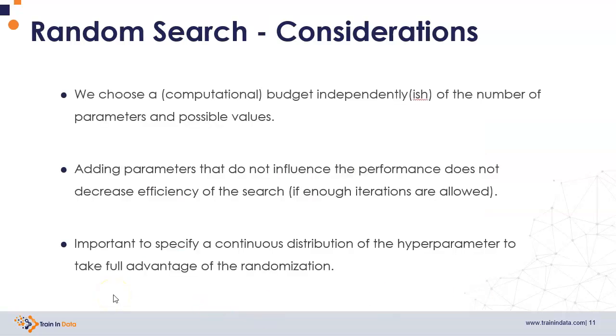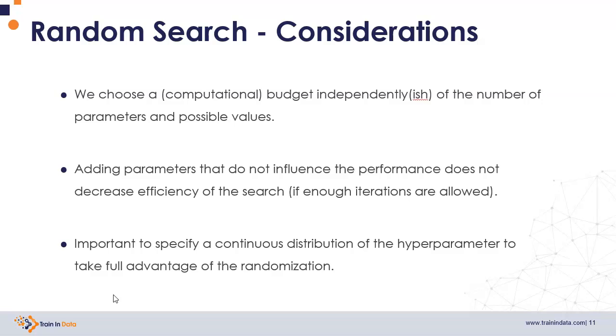There are a few things that we need to consider when we implement random search. The first one is that we can choose a computational budget independently of the number of hyperparameters and the possible values of these hyperparameters. And here I put "ish" because, of course, it's not the same to optimize hyperparameters for a neural network than for a gradient-boosted machine, right? Neural networks have a lot of hyperparameters and hyperparameter values, so we probably need a higher computational budget.